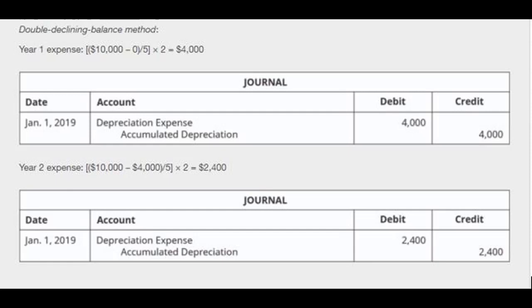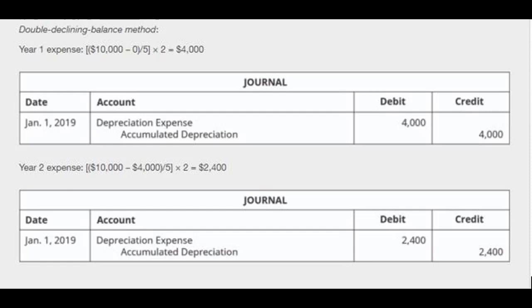In fact, there's this funny little formula that seems designed to yield the result that your first year's depreciation is going to be a lot more than your second year's depreciation. That's the case in this example, in the textbook. Your first year depreciation is $4,000.